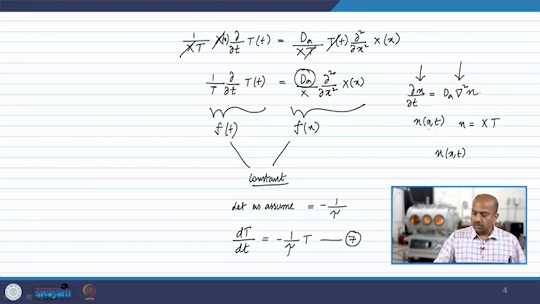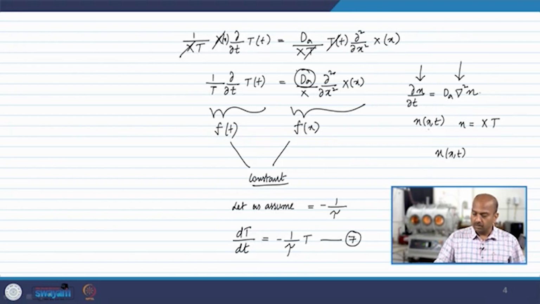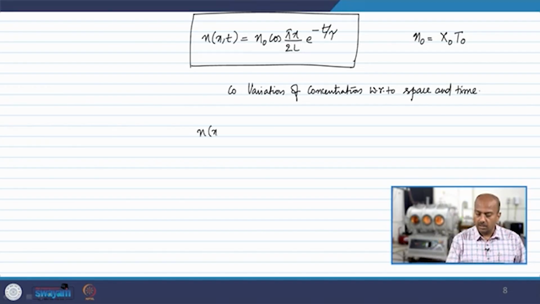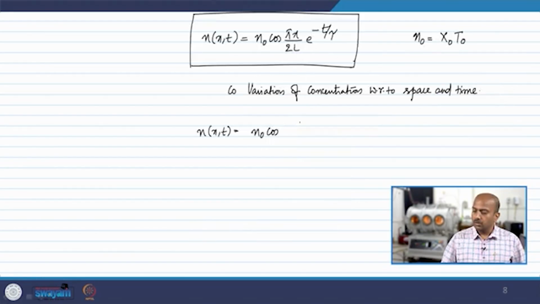So, dA has to be there in the picture, dA times dou square by dou x square. So, if you write pi by 2L, you can write n of x t as n naught cos(1 by square root of dA tau x) e to the power of minus t by tau, right.